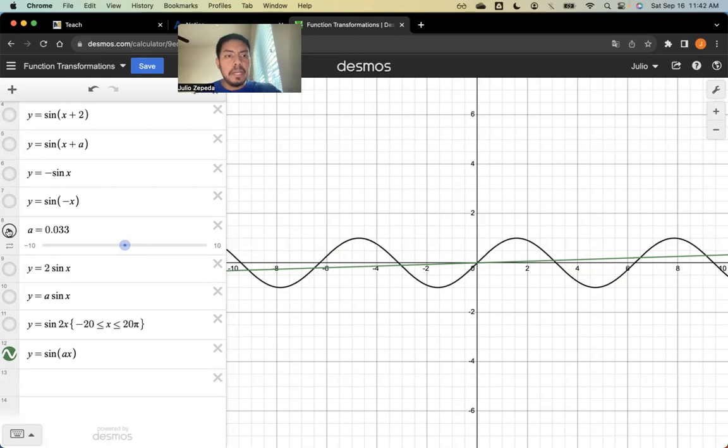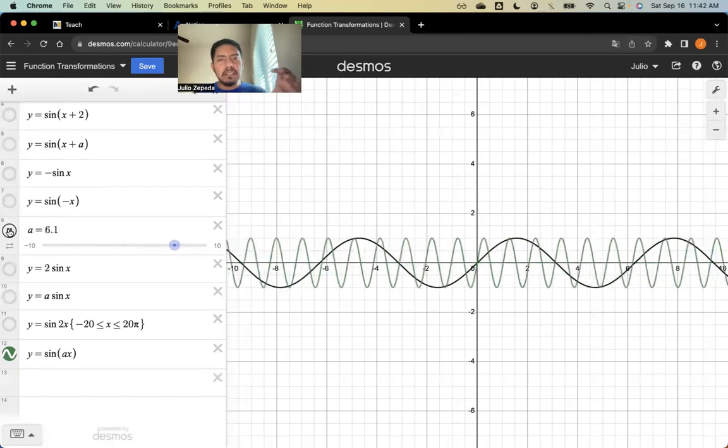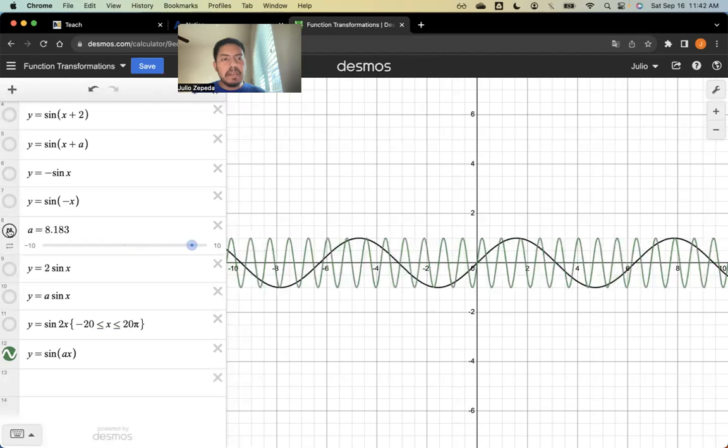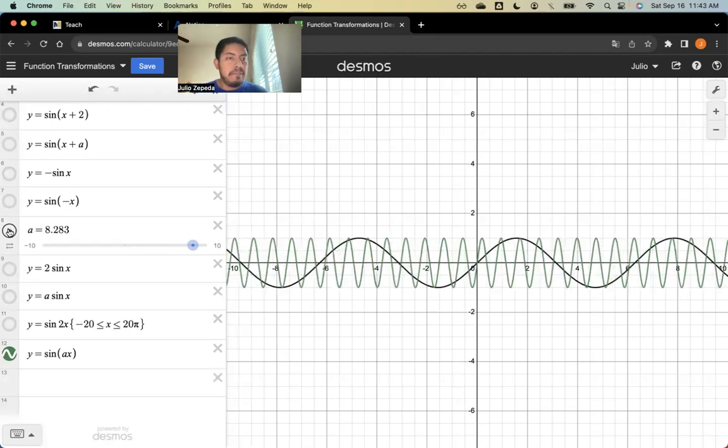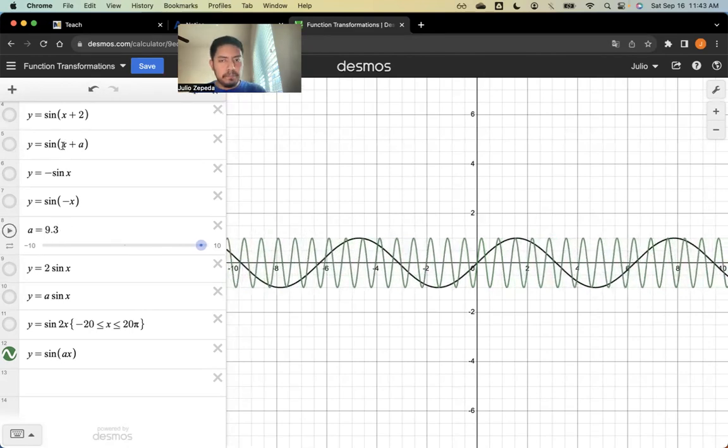Here's a value that's between 0 and 1, and it's very stretched. And notice how it's coming back to its original shape. Once it gets larger than 1, it actually starts to compress it. This value getting larger and larger, it's compressing the function more. So we can see that values that we have inside of the function that are larger than 1 are going to compress the function horizontally.